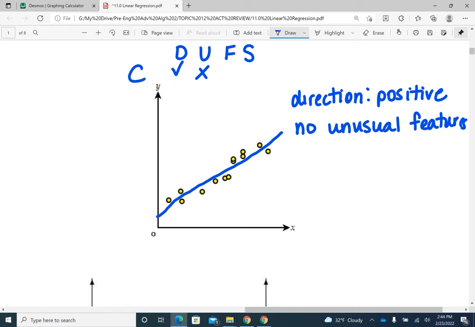The form looks to me like this is linear. The points tend to go in a straight line, so I would say linear. And the strength: all the points are pretty close to the line, so I would say this is a strong relationship. So this scatter plot has a positive, strong, linear relationship with no unusual features.